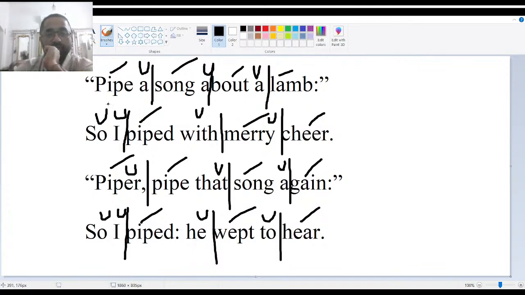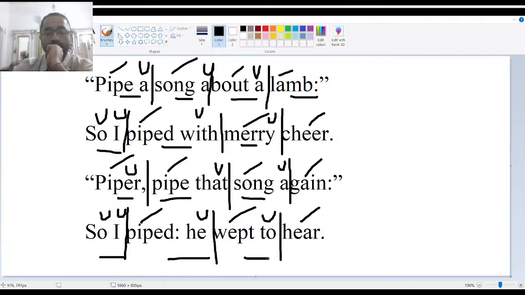So how many meters do you find? Do not count the catalectic as a foot. It is not. Apart from that, how many feet do you find in each line? 1, 2, 3. 1, 2, 3. 1, 2, 3. 1, 2, 3.